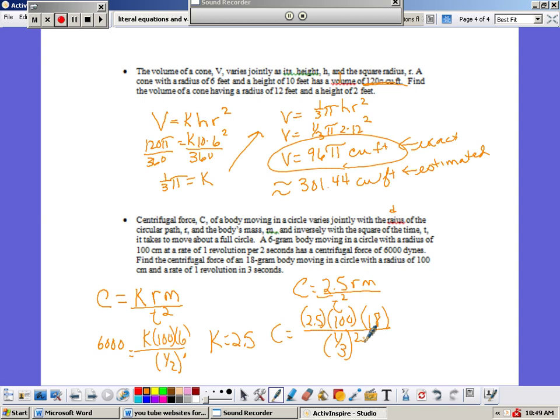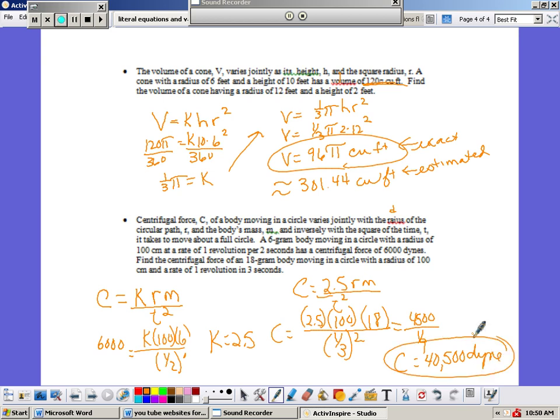So I went back to find my mistake. When I multiply the top this time, I get 4,500 divided by 1/9, because 1/3 squared is 1/9. And now I get a force of 40,500 dynes, and that makes so much more sense.